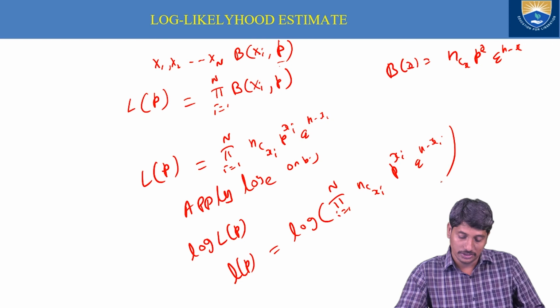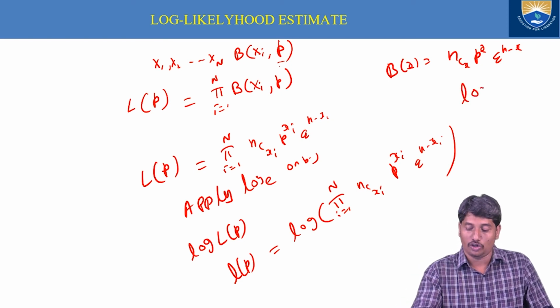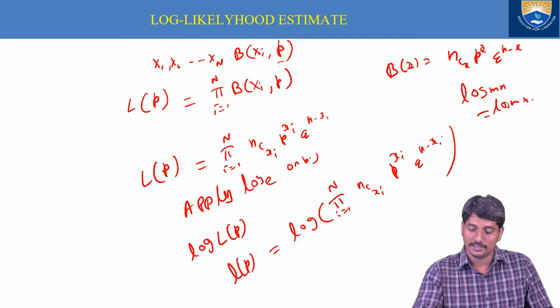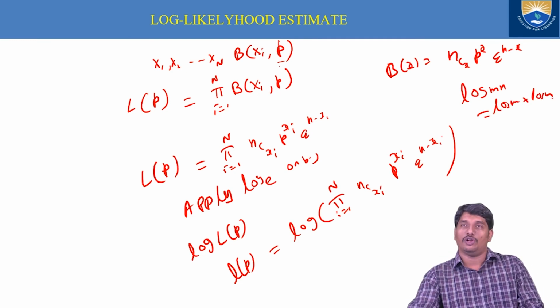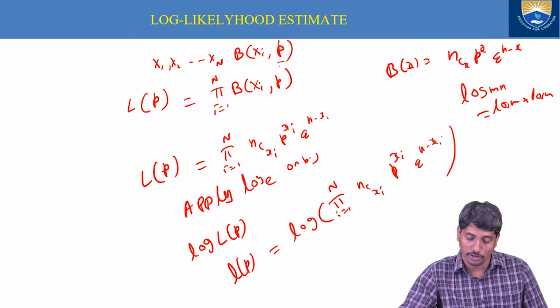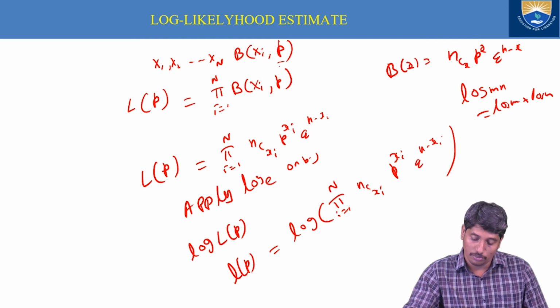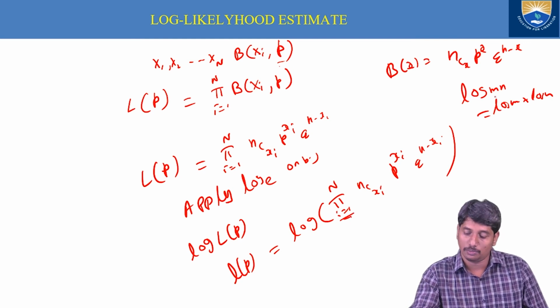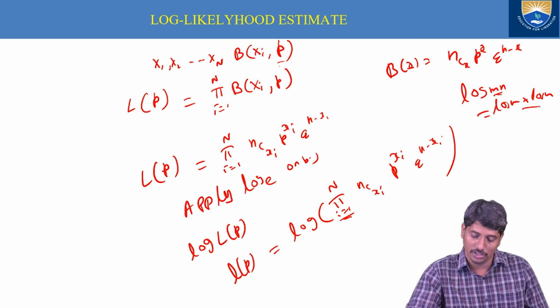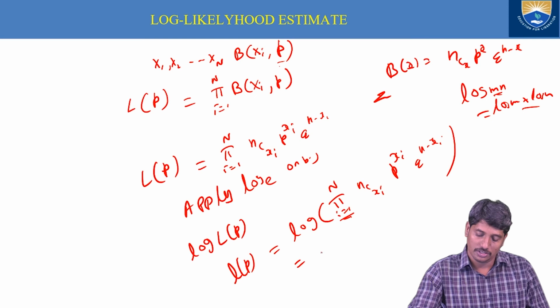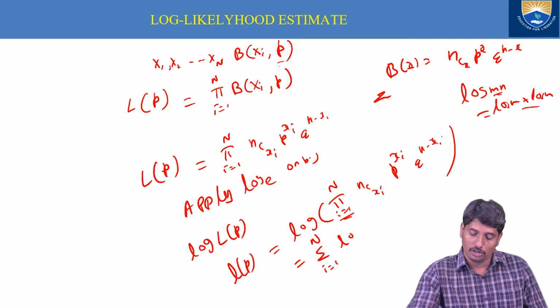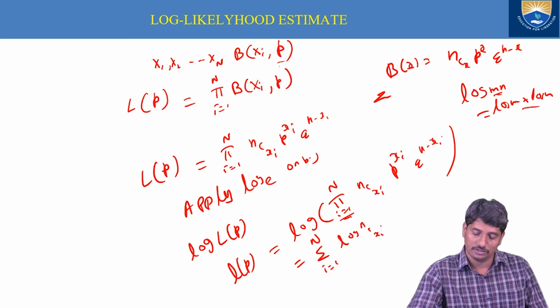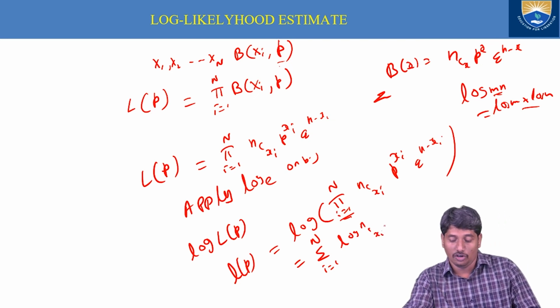Now the thing is, log mn is equal to log m plus log n. You know this formula. By using that formula, because this is a product, here the product becomes addition. In the same way, here the product becomes addition. That means summation i equal to 1 to n of log of nC xi.